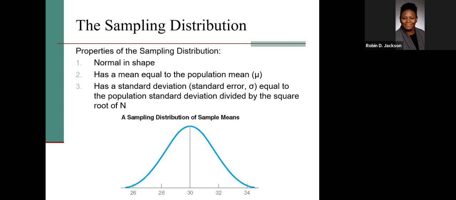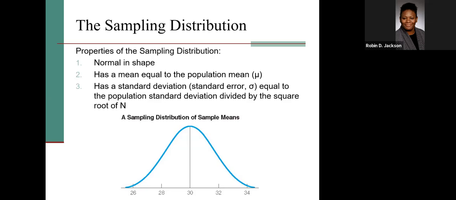As with all normal curves, the distribution is symmetrical. So cases close to the mean, say within 1 standard deviation away from the mean, so that could be 1 standard deviation above, 1 standard deviation below the mean, those are going to be the common cases. And cases far away from the mean, say beyond 3 standard deviations, those cases are going to be rare, okay?